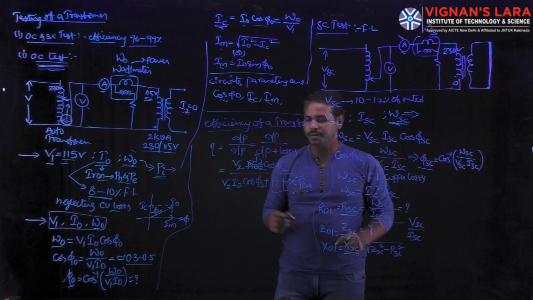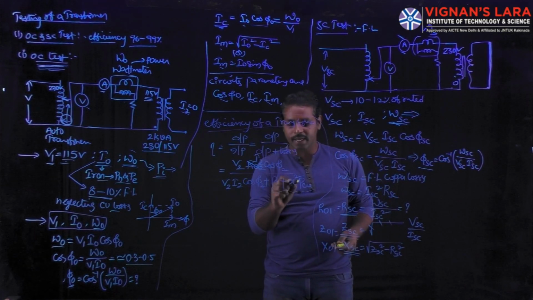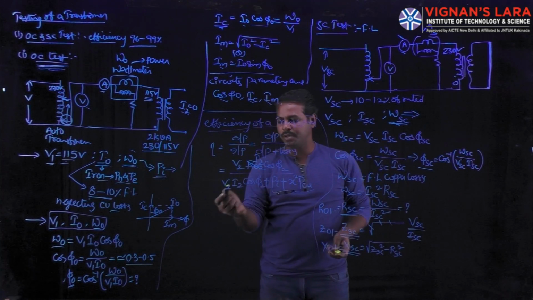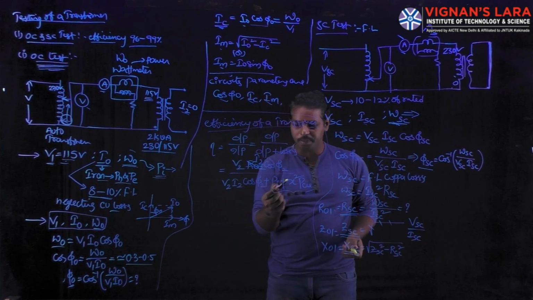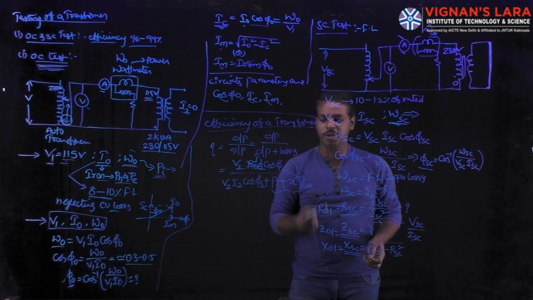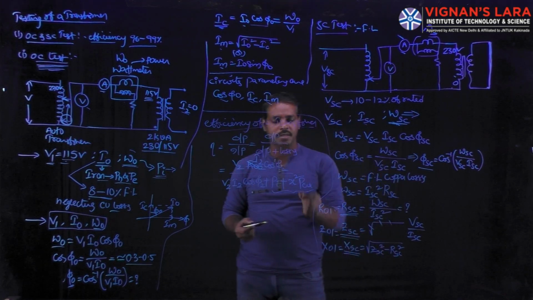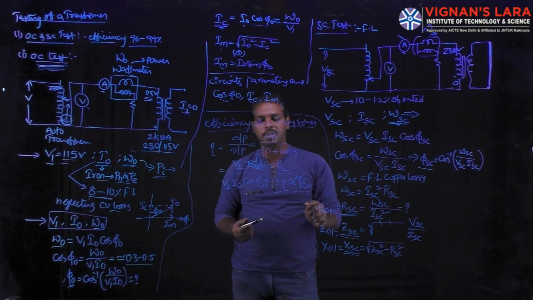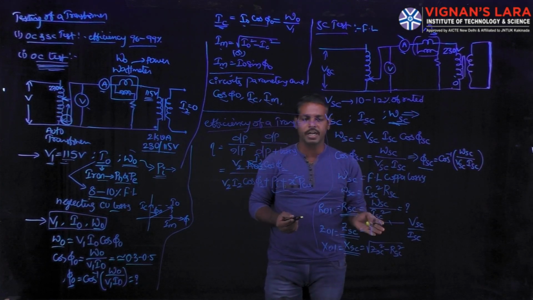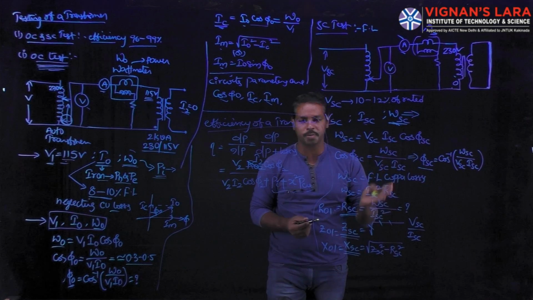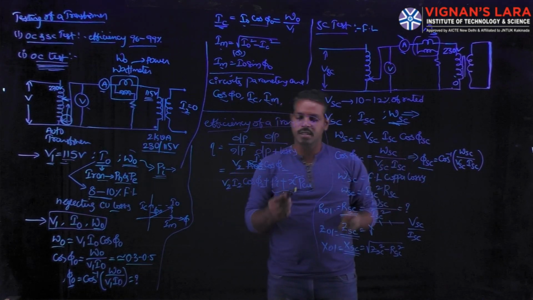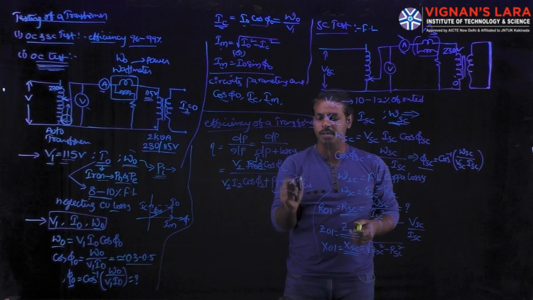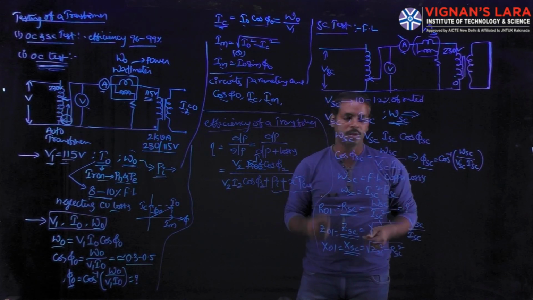Without presenting the x, we can write V2 I2 cos phi 2 by V2 I2 cos phi 2 plus Pi plus 1 into PCU. This expression is valid only when the transformer is operated on full load condition; then only, without presenting the x value, it is directly multiplied with 1 into PCU.